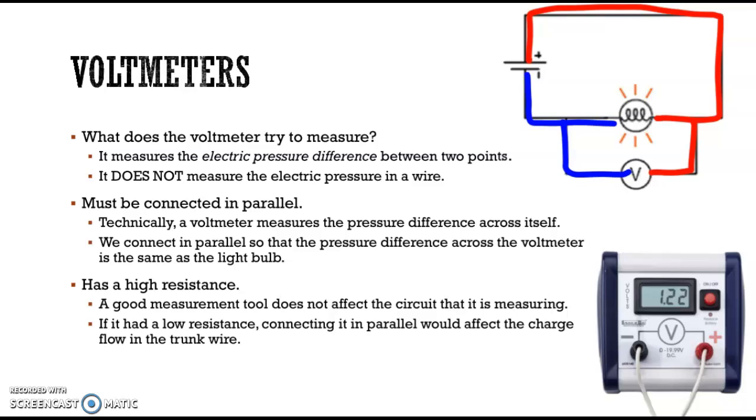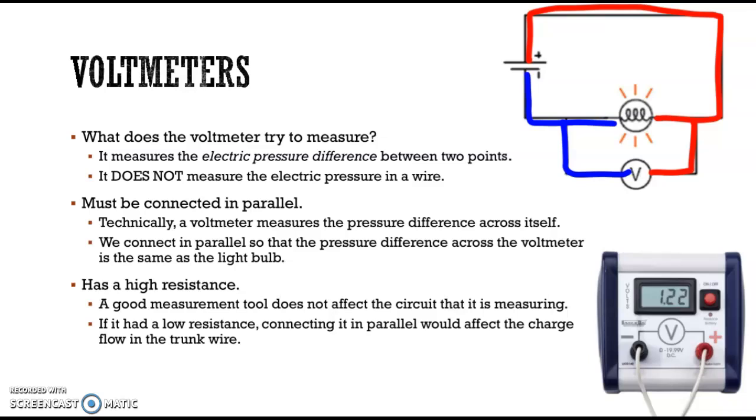If it had a lower resistance than it does, then connecting it in parallel would let the charge go from here and through the voltmeter and back to the battery. But what we want it to do is actually to block the flow of charge that goes through it so that the current in this wire stays the same. Okay, so it can't let any charge through.